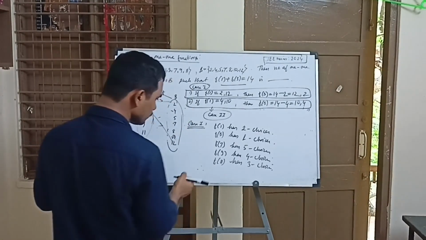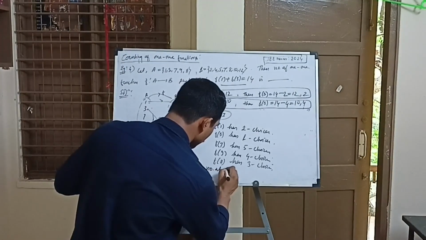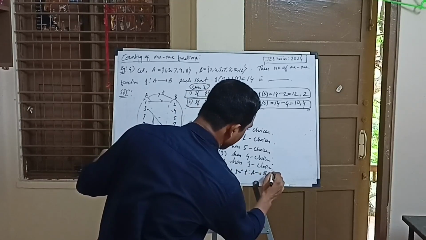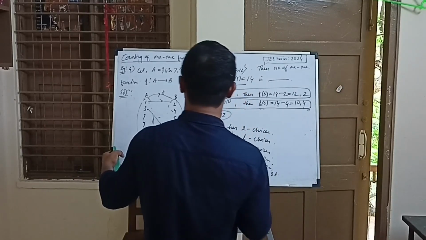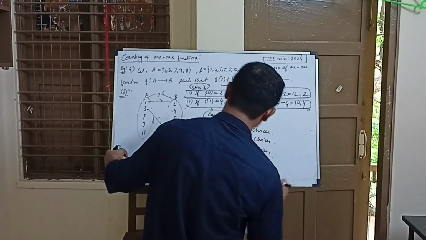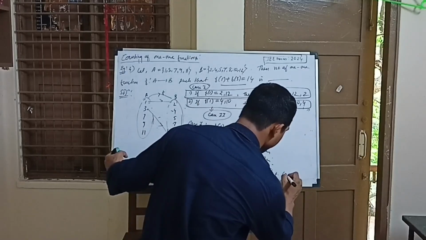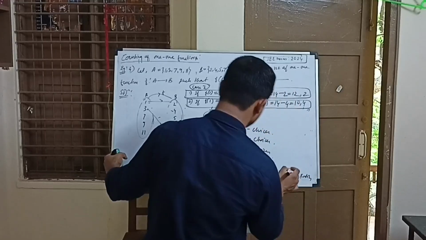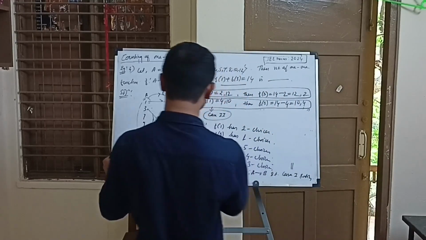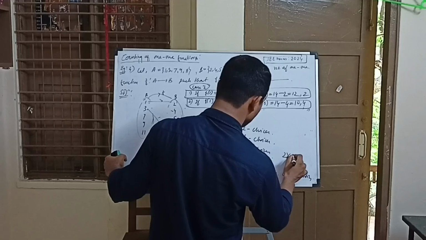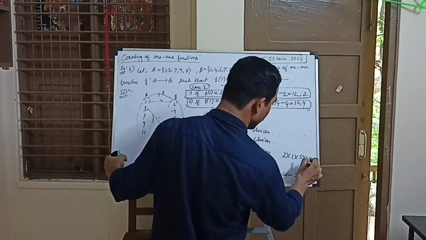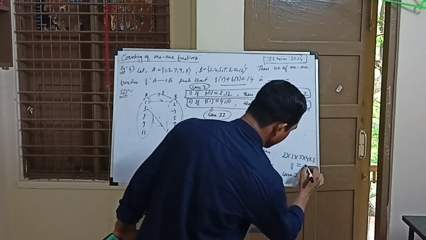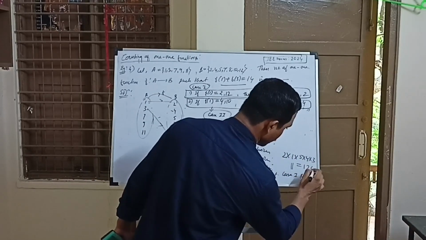Therefore, the number of one-one functions from A to B satisfying the conditions of case 1 is 2 into 1 into 5 into 4 into 3, which is 120.